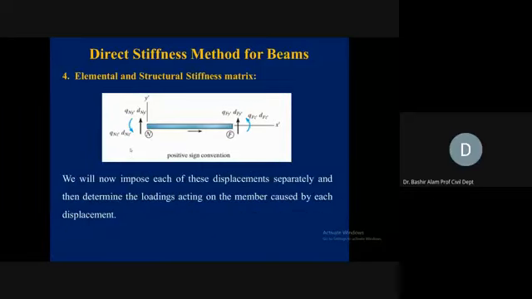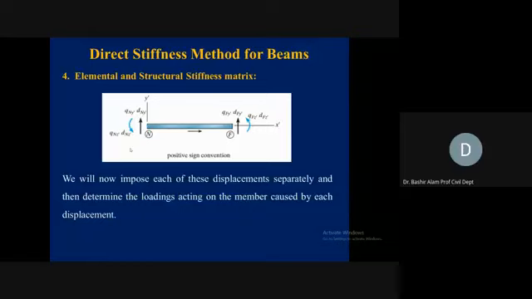Here now again that concept is shown. We will now impose each of these displacements separately and then determine the loadings acting on the member caused by each displacement. So when we generate this member stiffness coefficient matrix, turn by turn we will be giving the displacement.